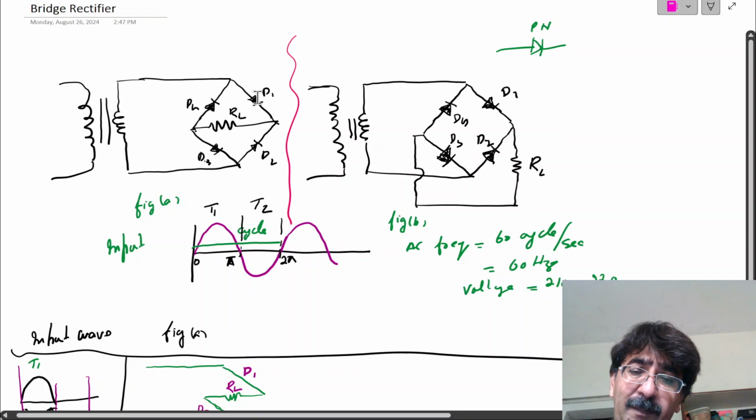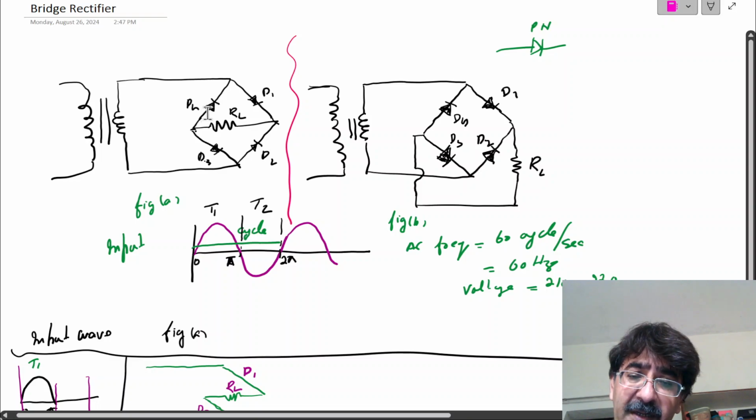Negative, positive, so it will be reverse biased. But D4 will be forward biased, because the incoming wave is in its negative part, so N will be more negative due to the negative part of the input wave, and P will be connected with the positive for diode 4.